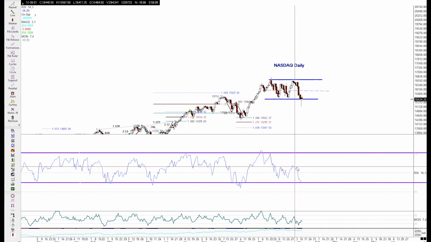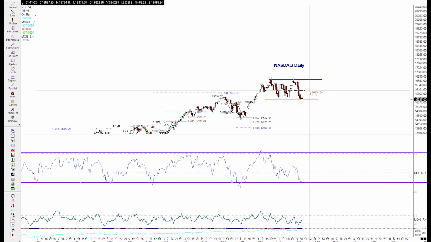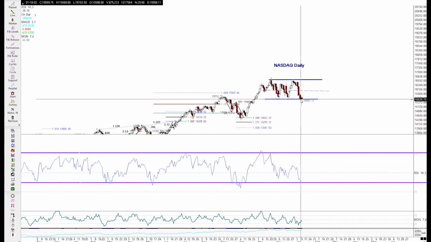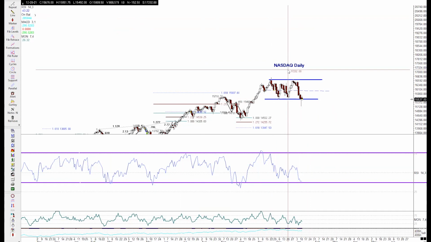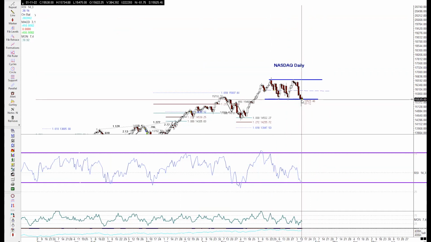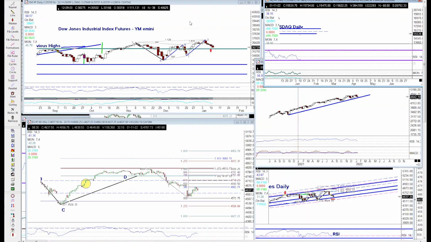The RSI has been showing weakness and the money flow has also been showing weakness. This dash line is the center of the range. If there is a rally back up, I would expect resistance right in that area. However, if these lows break, especially the low from yesterday right here, that's going to be a sign of further weakness to come.